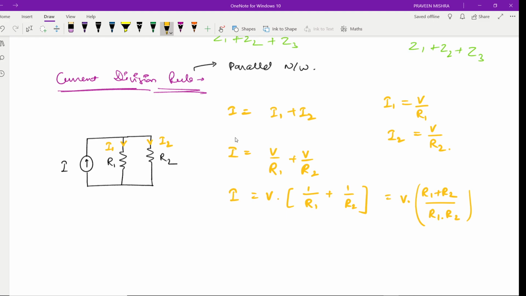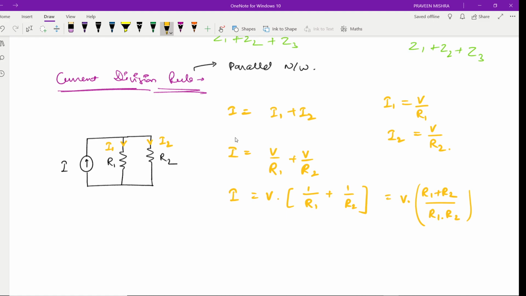Likewise, you can find out the current I. I is known, R1, R2 are known. Likewise, you can calculate the voltage across the network.